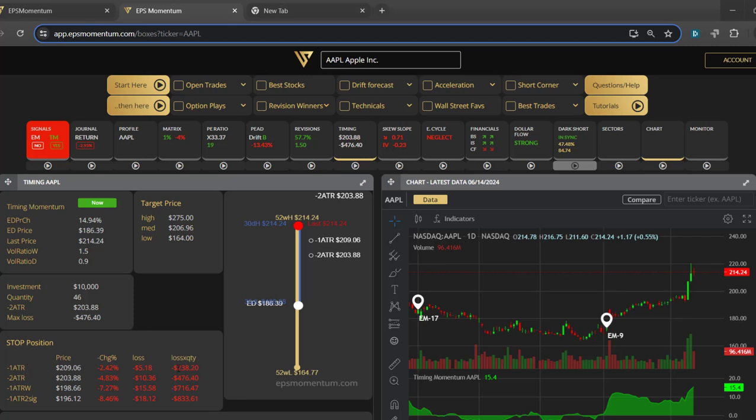One ATR will make you lose $238, two ATR $476, one ATR on a weekly basis about $700, and a 2 sigma average true range on a daily basis will make you lose 833.